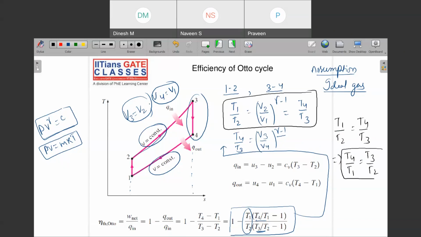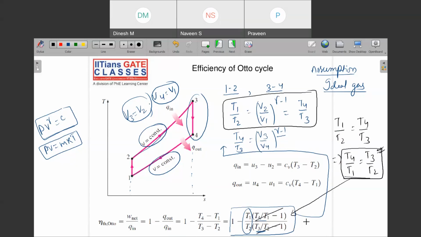So can you see that this ratio would get cancelled out? This is a very important relation. It will help you to eliminate this one and this one.